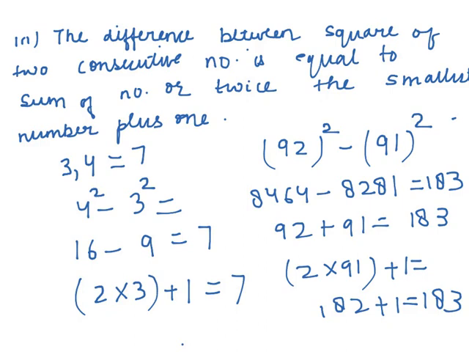So we can generalize it. For two consecutive numbers n plus 1 and n, the difference (n plus 1) squared minus n squared is equal to the sum of the numbers, which is n plus 1 plus n.